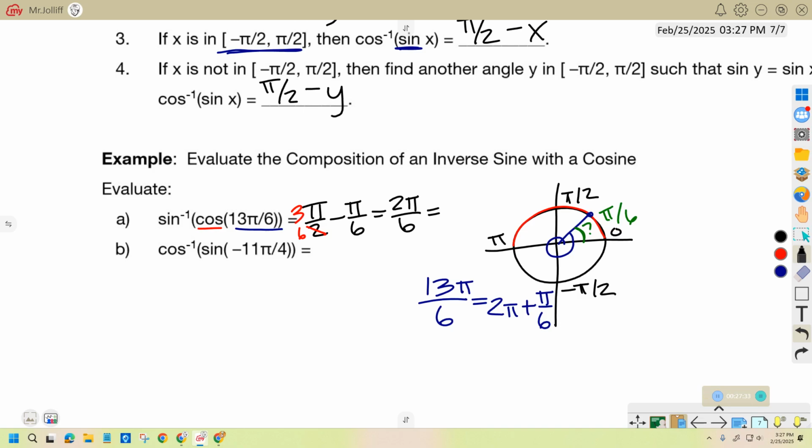Those are even numbers. It would be pi over 6 divided by 2 is 3. Pi over 3. I agree. Sine inverse of cos of 13 pi over 6 is just pi over 3. Take the pi over 6, shift it by half a pi.